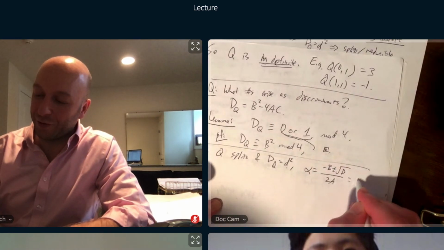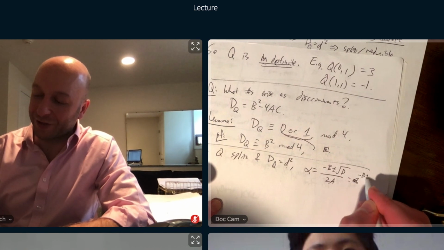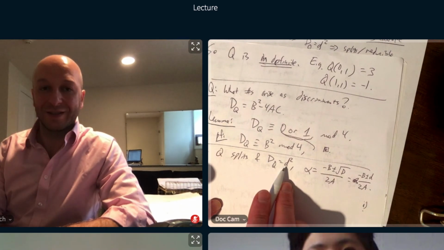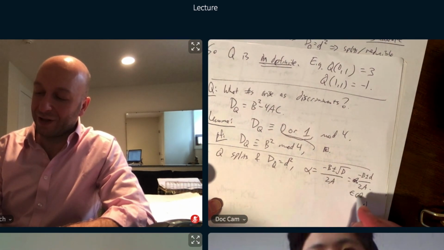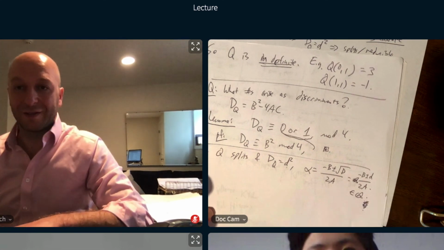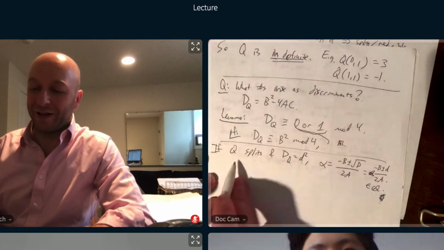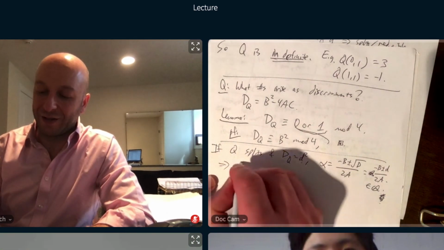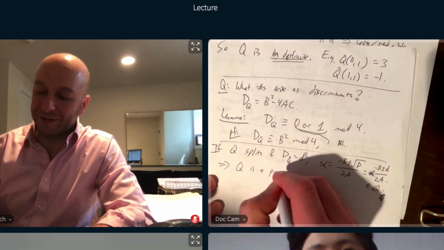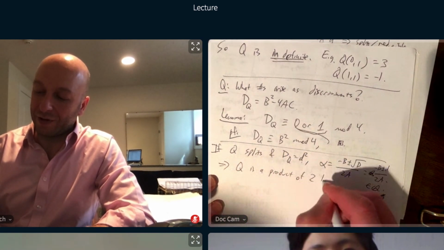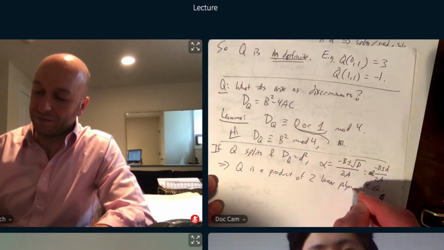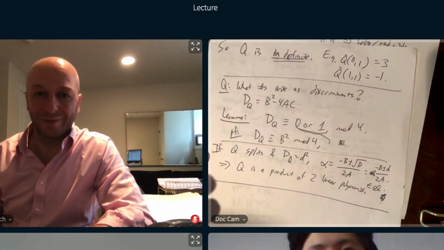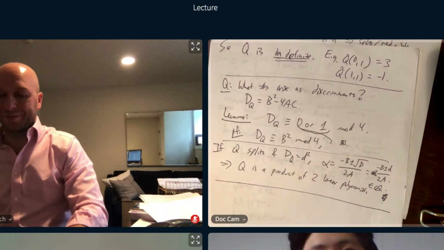And so the two roots are negative b plus or minus little d over 2a, if big D is little d squared. And these are rational numbers. So if the roots are rational, that's exactly when the polynomial splits, which implies Q is a product of two linear polynomials. Okay? Linear forms, not quadratic forms.